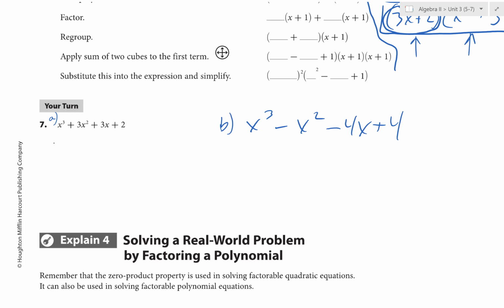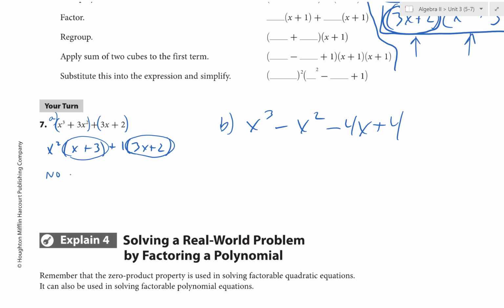Okay, so example A, after we group, if we factor out an x squared, we're left with x plus 3. And then the second factor, we can only pull out a 1. That's 3x plus 2. Now, since these factors are not the same, this grouping method is not going to work.